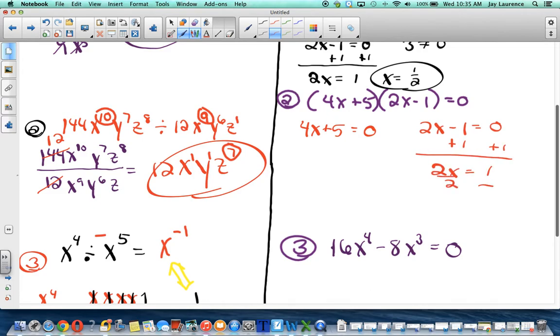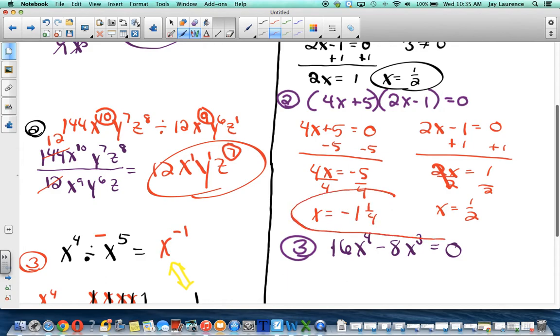Divide by 2. x will equal 1/2. Now I'll subtract 5 from both sides, I'll get 4x equals negative 5. I'll divide by 4. x is going to be negative 1 and 1/4. Okay, so there are the two solutions.